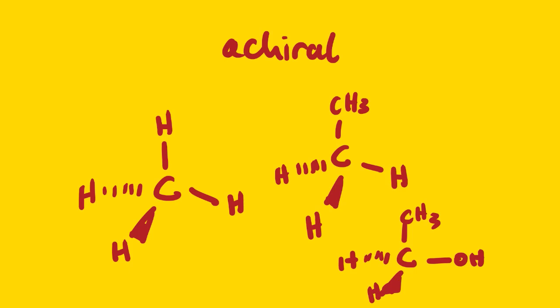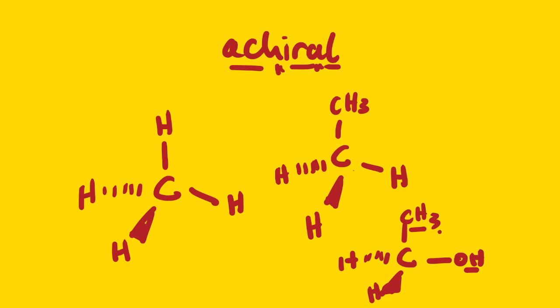You can see that this has all 4 groups the same. This has 1 group which is different from the rest. And this one has 2 different groups and the rest are the same. As long as you have identical groups, just know that you're talking about an achiral.